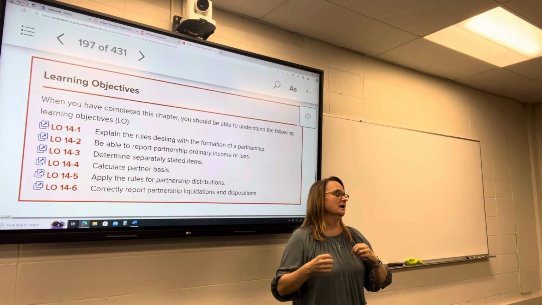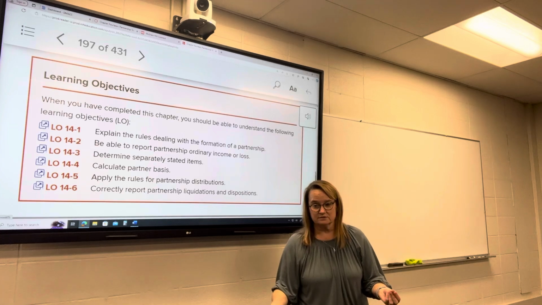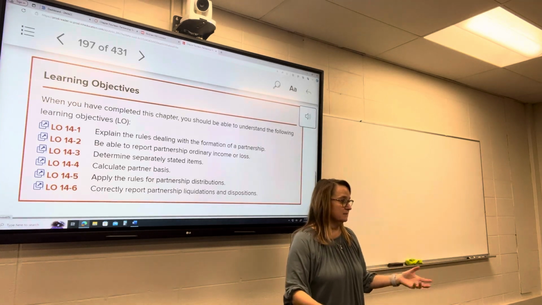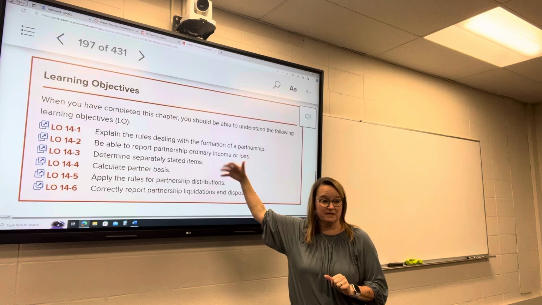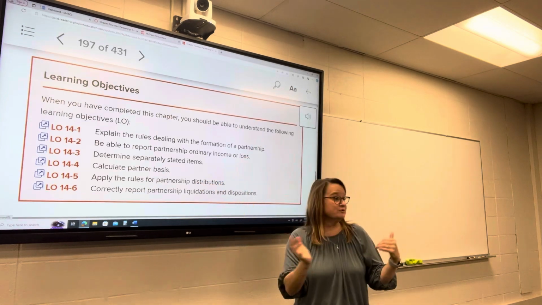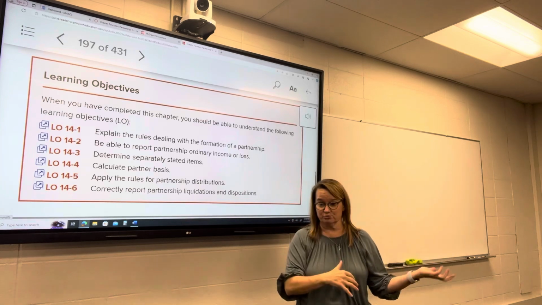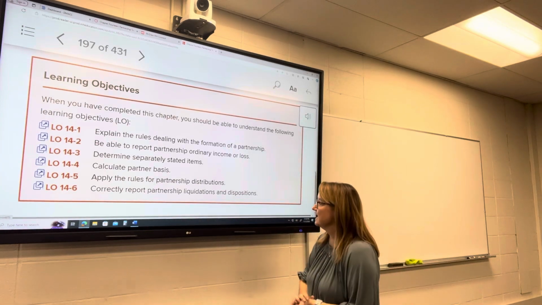Things like capital gains and capital losses, dividend income, interest income. Partnerships can obviously have those types of income, and when it flows through to the partner, we look at how the partner has to report it on their individual tax return.